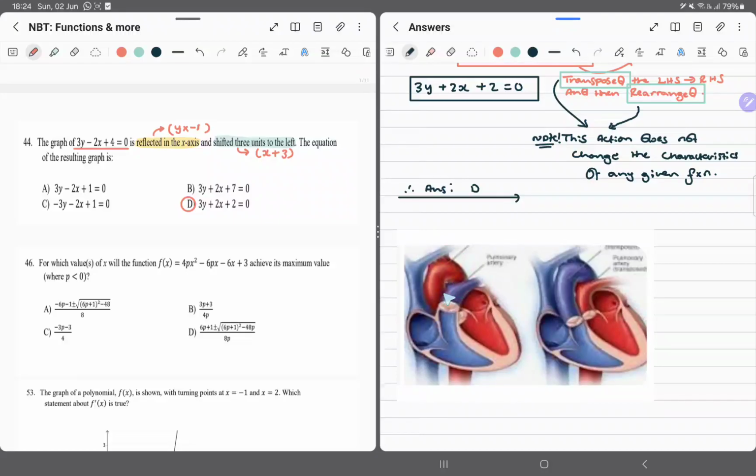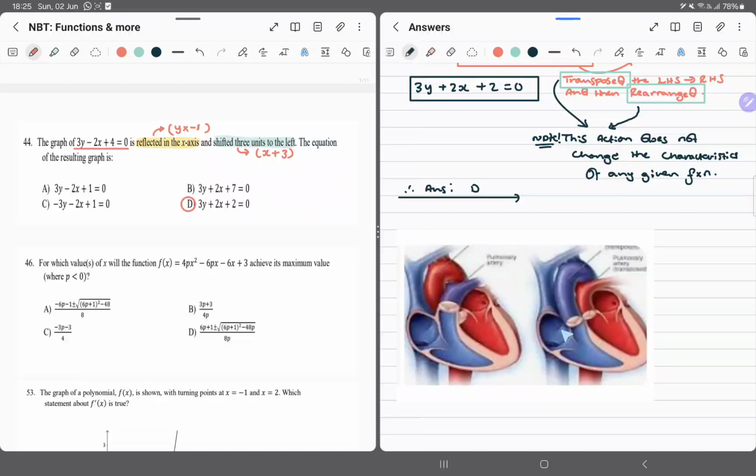But now here's what is important. We need to know that the pulmonary artery, by definition, is the artery between the heart and the lungs. Okay, that's it. And the aorta is the artery between the heart and the rest of the body. Okay, that is the characteristics of these two. Now, there are some babies who are born due to some congenital malformations.